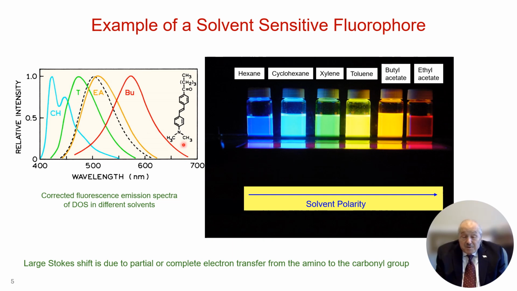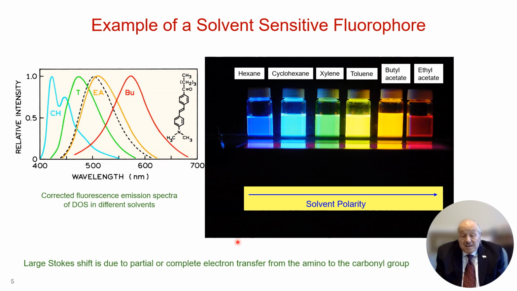And that's because in the most polar solvent, the charge shifted state is stabilized by the solvent reorientation. If you put it in a completely nonpolar solvent, hexane or cyclohexane, there's nothing to decrease the energy of that charge distribution in the excited state, so it doesn't shift to longer wavelengths.